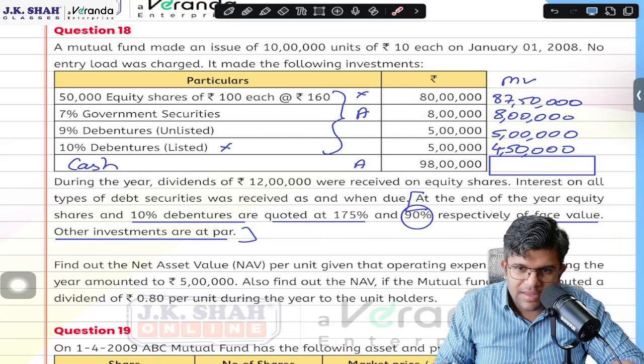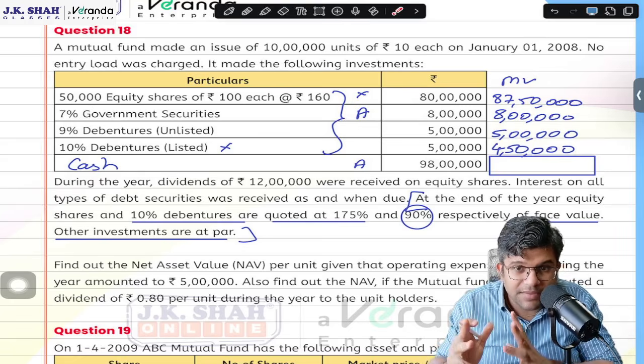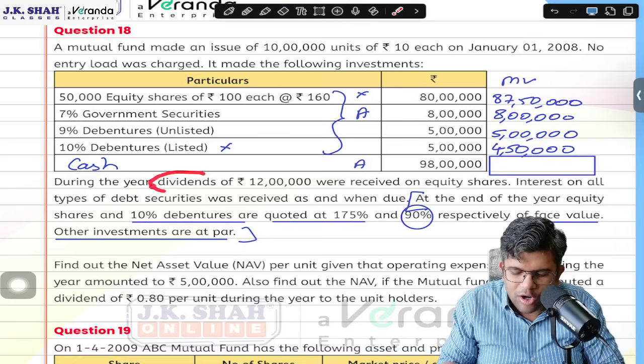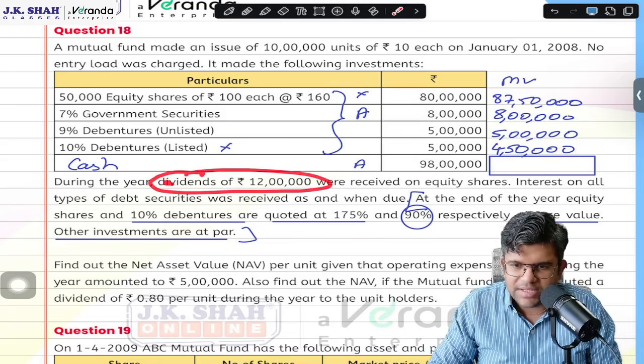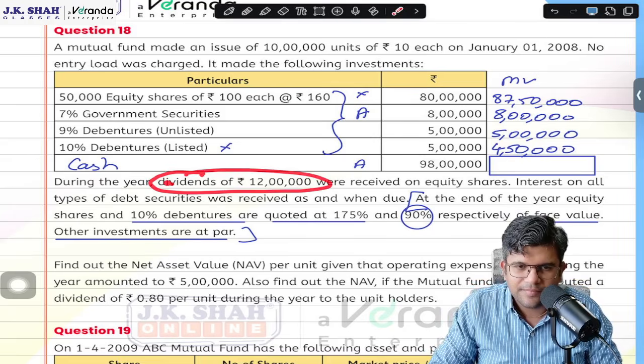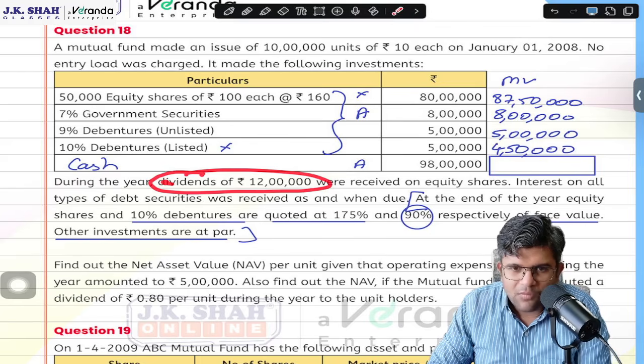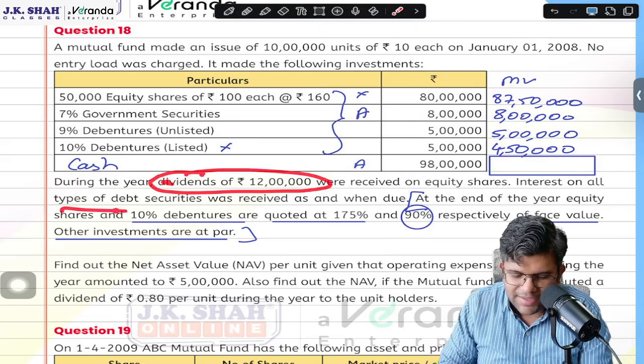Okay. Now in that cash, something happened. What happened? Can I say you got dividend 12 lakh M plus. I hope you're understanding. 12 lakh M plus. Then what happened? Sir, I got 3 types of interests also.